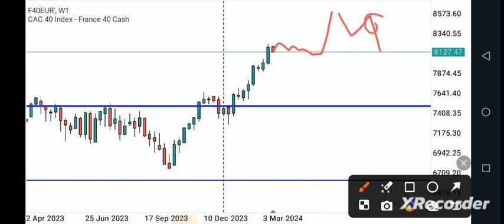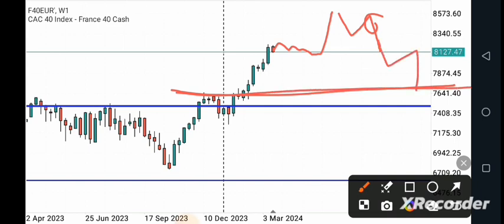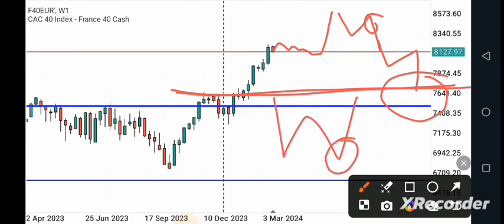And on that second leg is where I would look for potential sell opportunities, and my first take profit should be around here somewhere, which is a very strong level of support. And at this point over here is where again I would look for the second leg of that W structure, and at that point is where I would look for, as I said, buy opportunities.